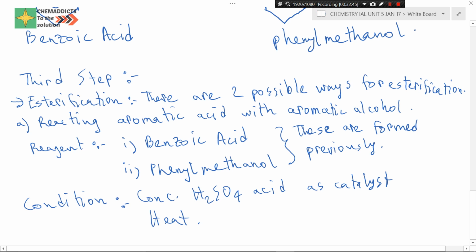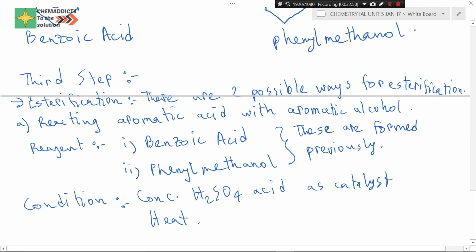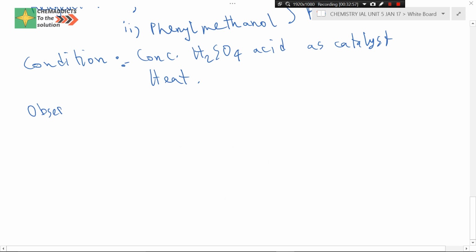Okay, so now let's talk about the observation that we can get here. The first observation would be an oily layer of liquid would form.